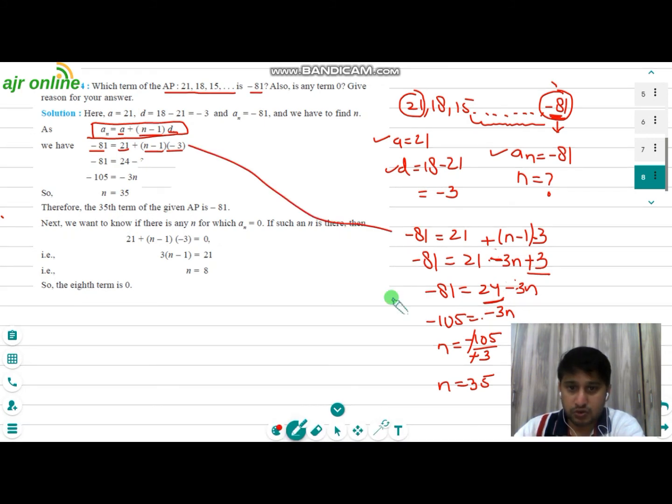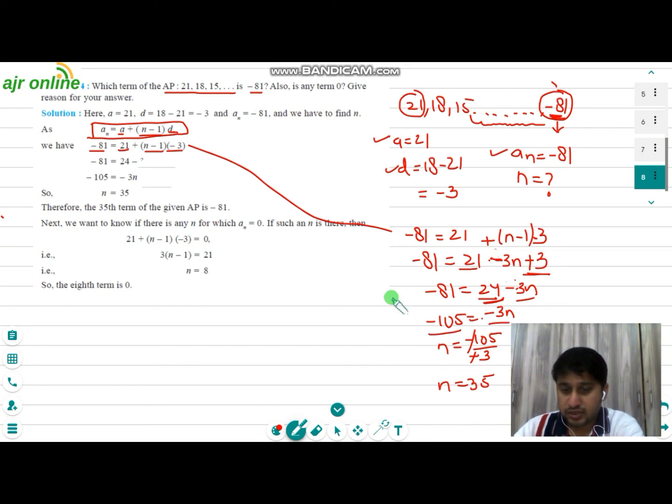Minus 81 is equal to 21 plus (n minus 1) into minus 3. Then the way they have done it is minus 3n, minus minus plus 3, 21 plus 3 will be 24 minus 3n. When this 24 comes to this side, it becomes minus 81 minus 24, which is minus 105.